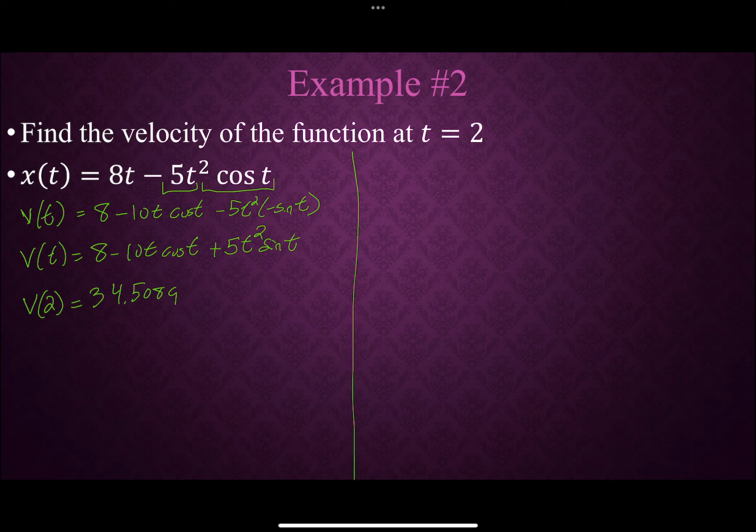But you can go to your math, option 8, n-deriv, and do it all in one step, and it'll give you the exact same answer, 34.5089. In both cases, as always with calculus, make sure you are in radians mode rather than degrees. You will not do any of these problems correctly if you are in degrees mode. So that's using the velocity and the calculator to help find the value there.